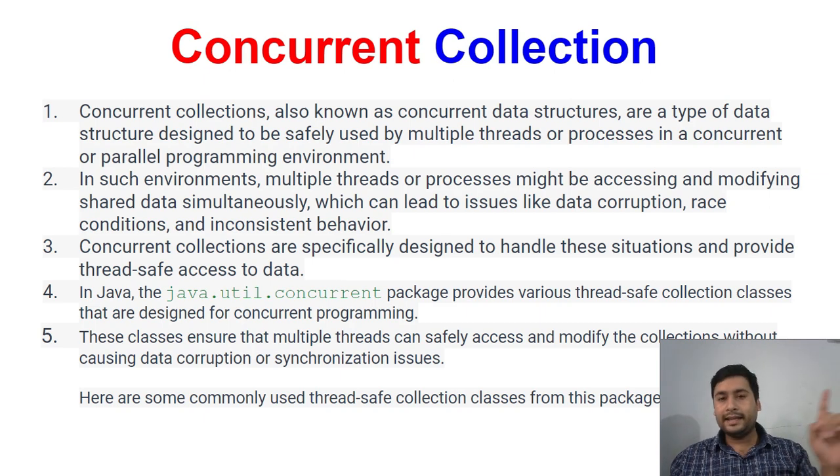Only one thread can access it and perform its operations, and only then can you allow the other thread to do its operations. Because of that, Hashtable and Vector are very slow in a multiple thread environment. They are thread safe, no doubt. But if you go with concurrent collections, it's a very good experience. In multiple thread environments, the performance is good.